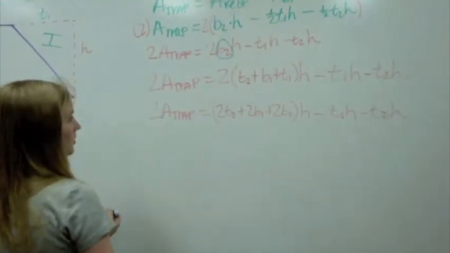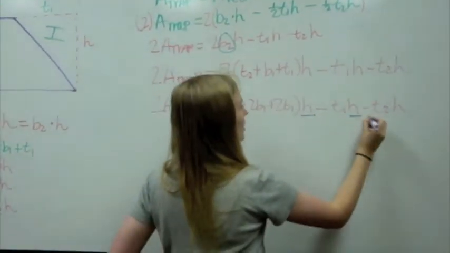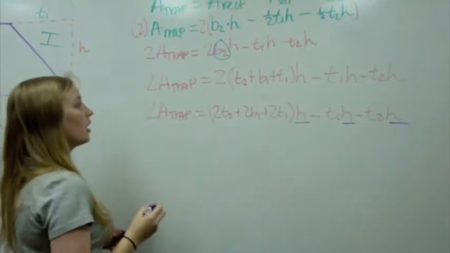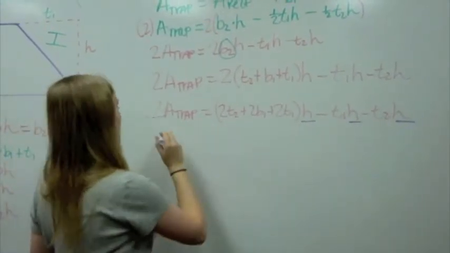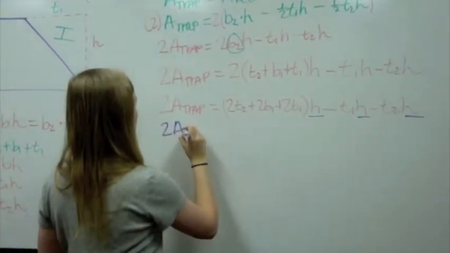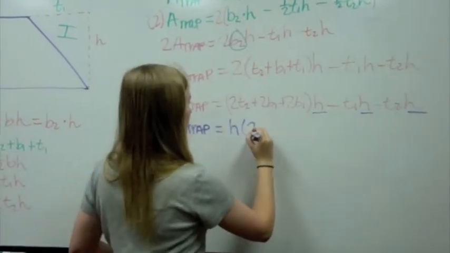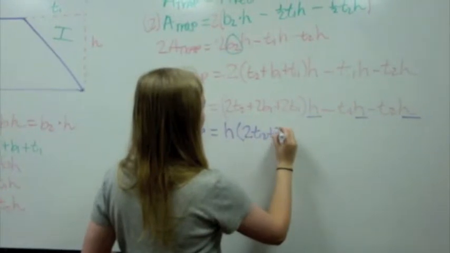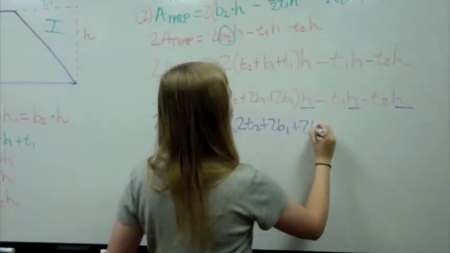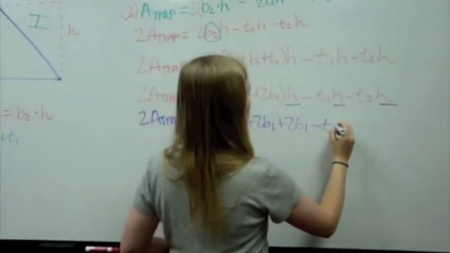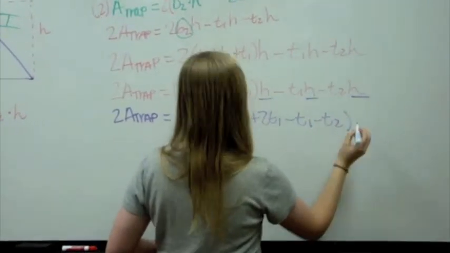Now, if you notice, each one of these terms has an H in it. So our height is common to each of these terms, so we're going to take out the H, and we'll have 2T2 plus 2B1 plus 2T1 minus T1 minus T2.